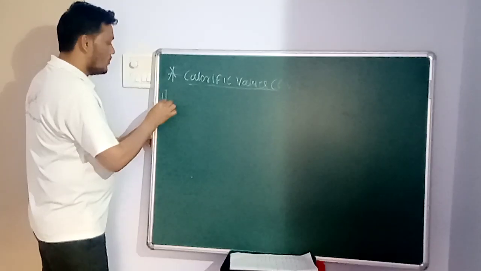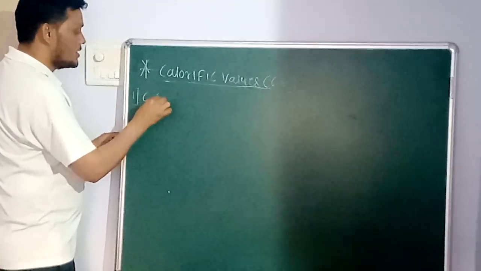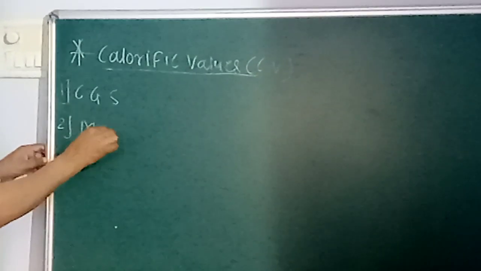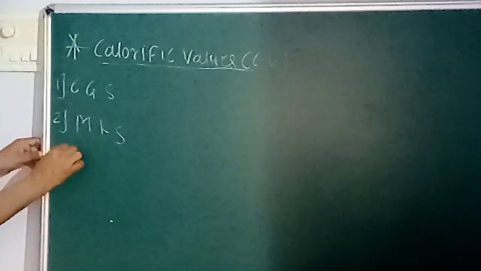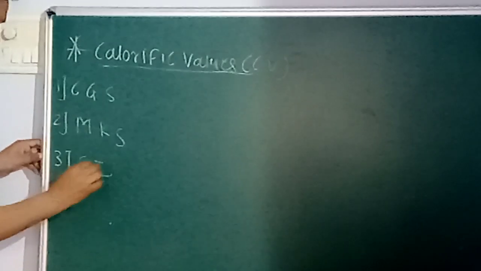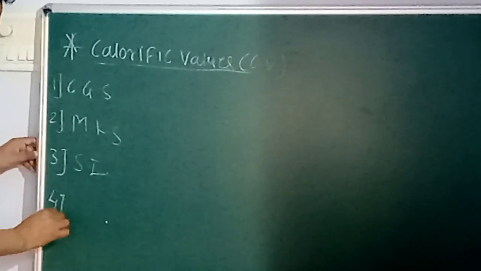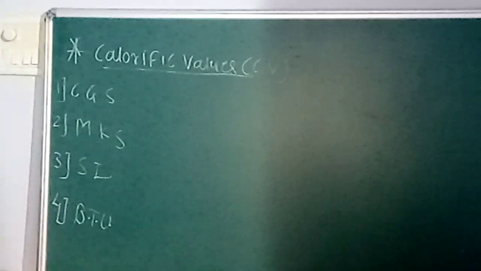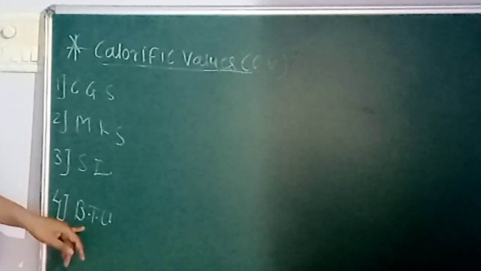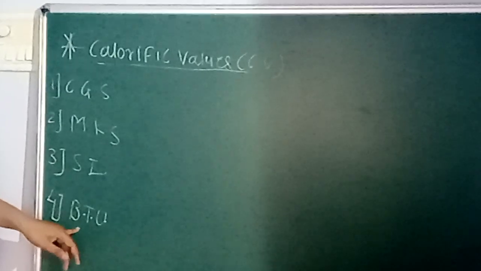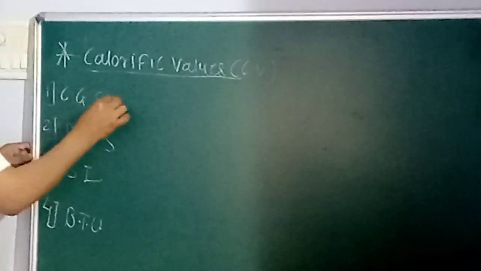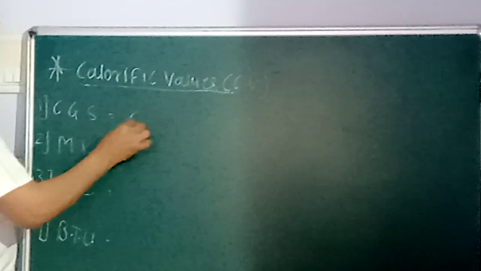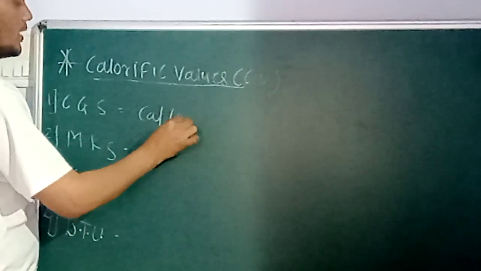Number one is CGS system. Number two is MKS system. Number three is SI system. And number four is BTU system. What is the BTU system? It is called British Thermal Unit. So in CGS system, calorific value is expressed in calories per gram.